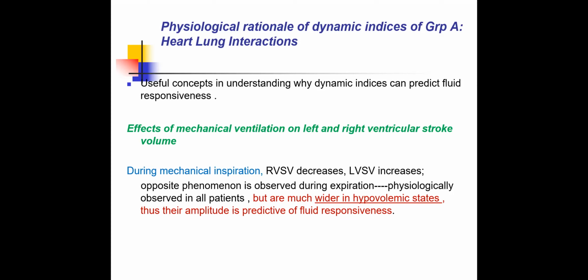Thus, their amplitude, that is the swing in these variables, which are a function of the heart-lung interactions, is predictive of fluid responsiveness. Because the amplitude of that variation is exaggerated during hypovolemic states, we can use these indices to predict fluid responsiveness.